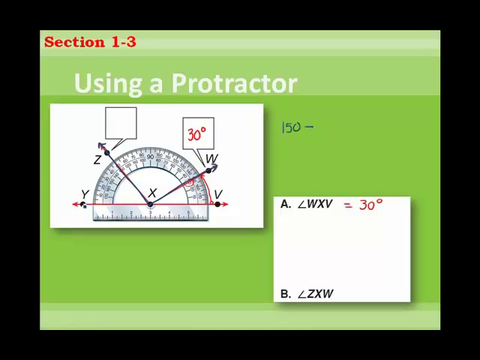And I know that the measure of YXZ, this angle here, is 50 degrees. So if I take the big angle and subtract out this part, then I have what's left. So this is 150 degrees minus the 50 degrees for this angle, and so the angle that is remaining, ZXW, is 100 degrees.